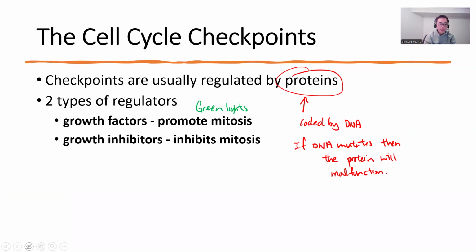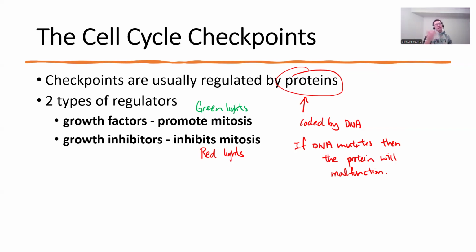On the other hand, you have growth inhibitors, which inhibit mitosis. So we call them red lights. When the green lights turn on, the cell is allowed to go through the cell cycle and do cell division. When the red lights go on, then you're not allowed to divide. You pause the cell cycle, you inhibit mitosis.